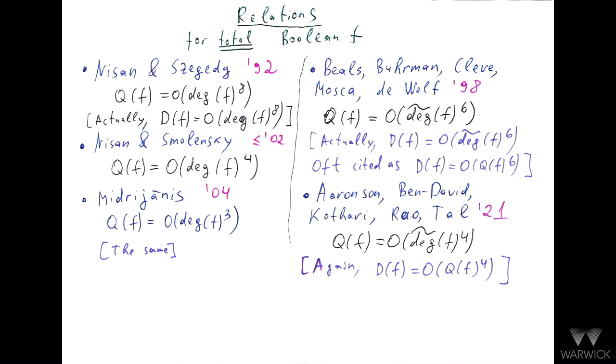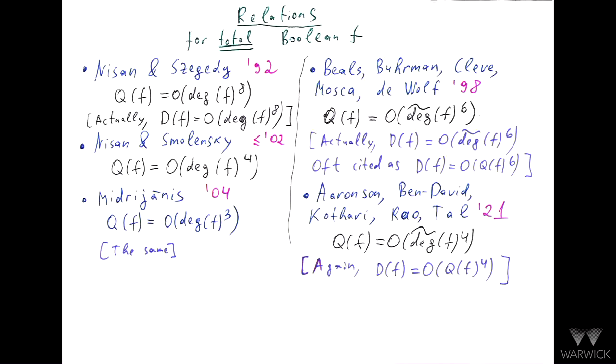I said the degree of the polynomial is a lower bound on the quantum query complexity. So essentially this result, that quantum query complexity of f is polynomially bounded by the degree of f, was initially defined in terms of deterministic query complexity being order of degree of f. More precisely, people were interested in the deterministic complexity being upper bounded by the quantum query complexity to the power of 8.